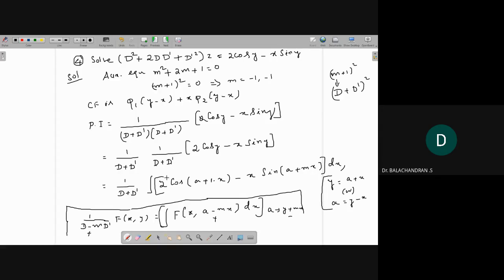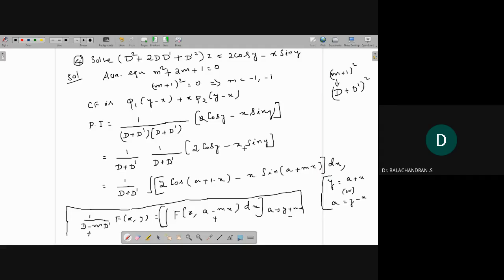It's a shortcut, but you should know. If you know the formula, you can write it. Otherwise, you should remember like this. Instead of y, you should replace a plus m, m is 1, so a plus x.